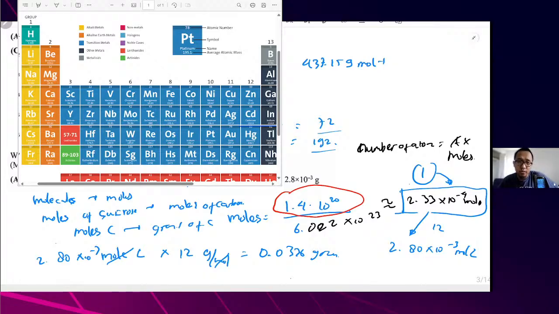All right, that's good. So the answer is C. Just remember to break it down: molecules become moles, and then atoms, and then grams. Convert molecules to moles, then convert moles of sucrose to moles of carbon, because sucrose has 12 carbons per molecule, so times 12, and then convert moles of carbon to grams of carbon.